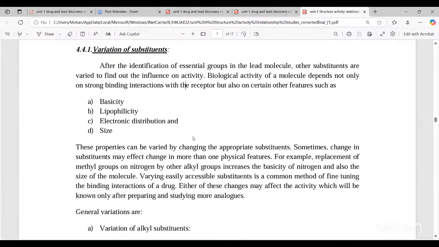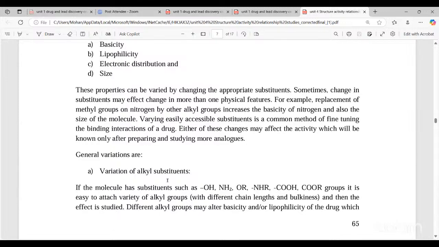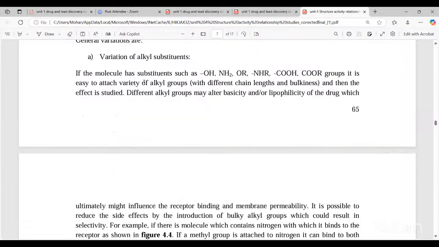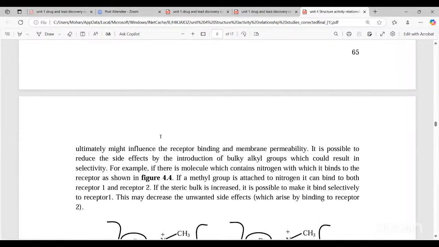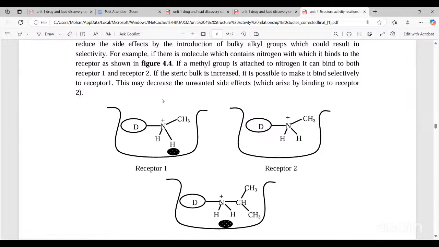Either of these changes may affect the activity, which is known only after preparing and studying more analogs. Molecules commonly have substituents such as OH, NH2, OR, NHR, COOH, so we can change these to a variety of substituents.